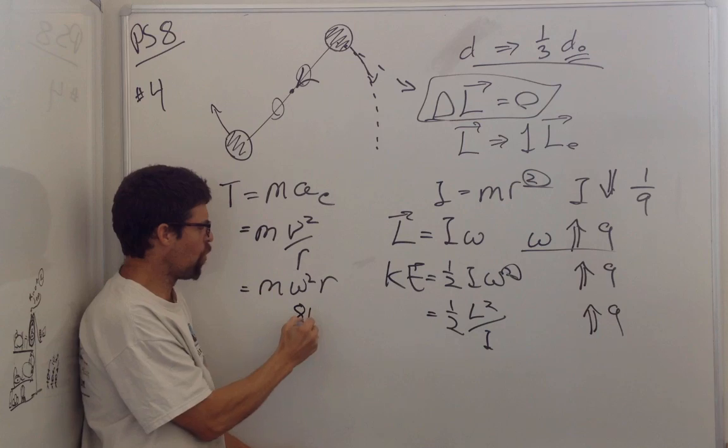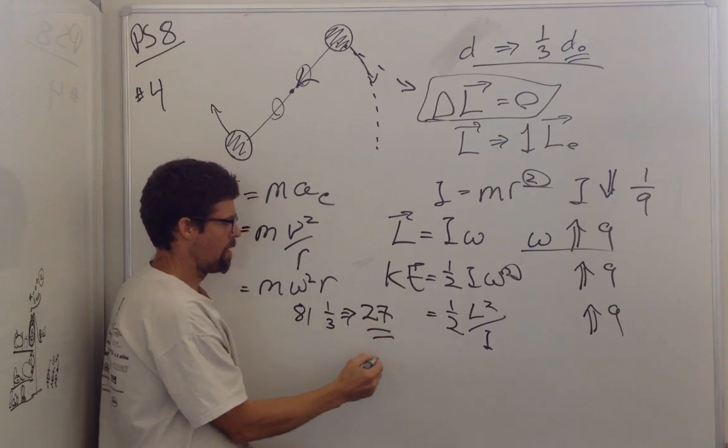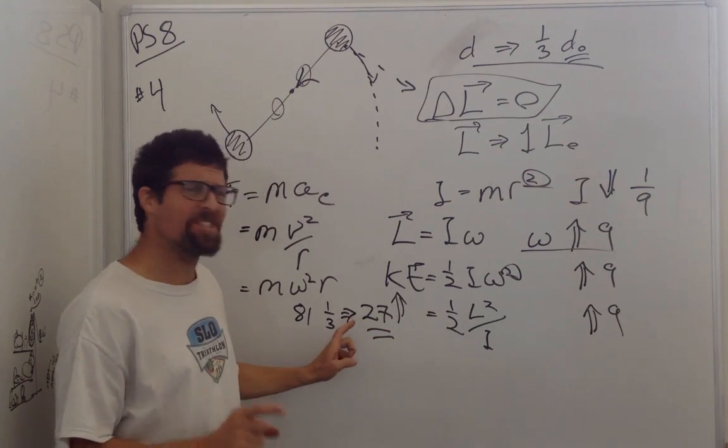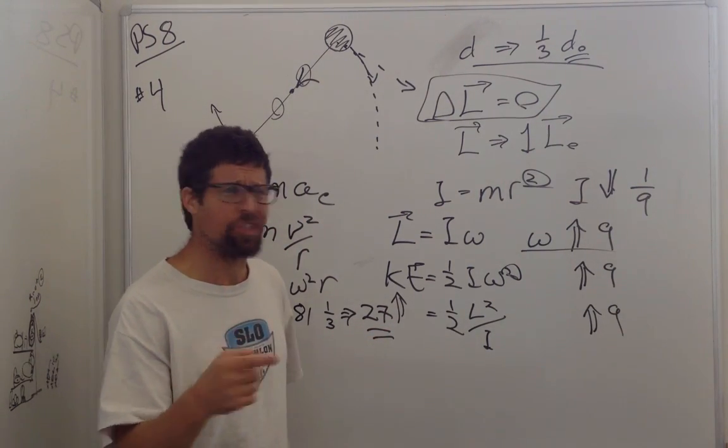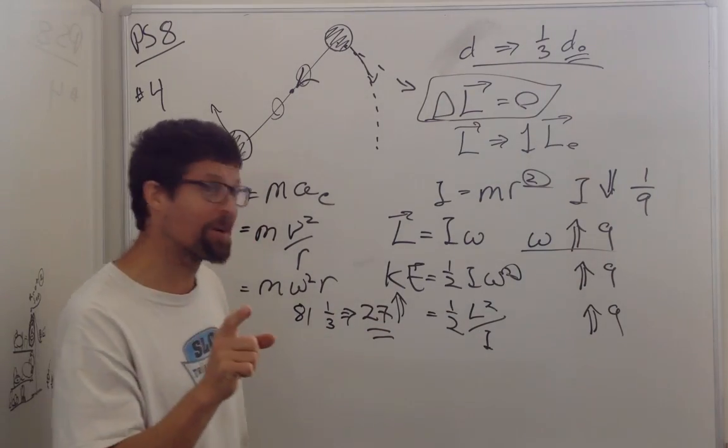So this is 81, and this is 1/3. So it goes up by a factor of 27. Which makes me realize it's also wrong on your solutions. I had the wrong solution on your solution. So you better pay attention.